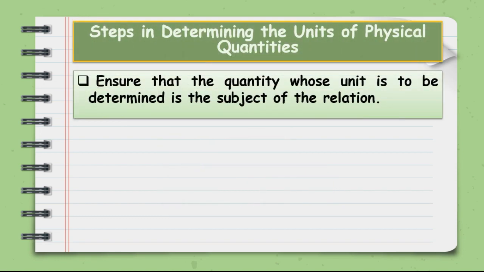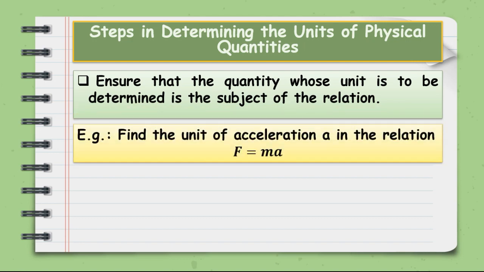The first step said, ensure that the quantity whose unit is to be determined is the subject of the relation. By this, it means simply that if you take a question like this example, which says, find the units of acceleration a in the relation F equals ma. If you look at the equation given, F is the subject of the relation, whereas m and a are the dependent quantities.